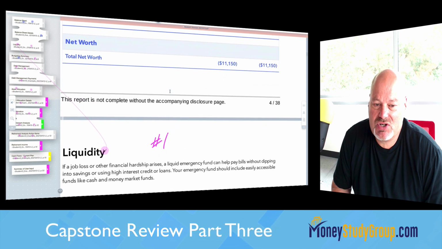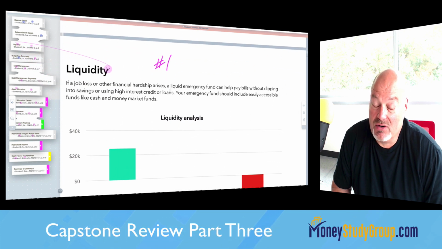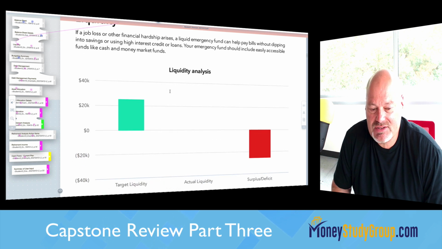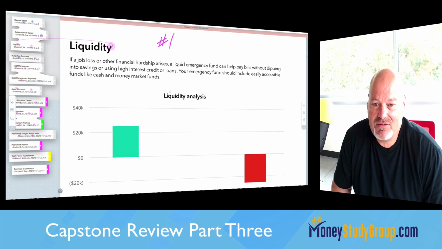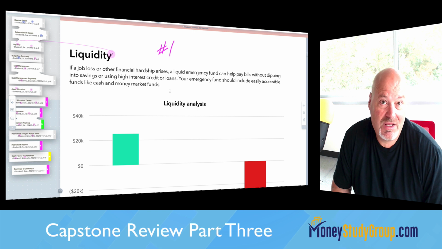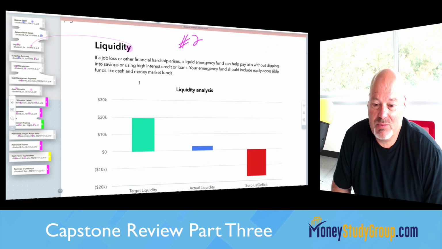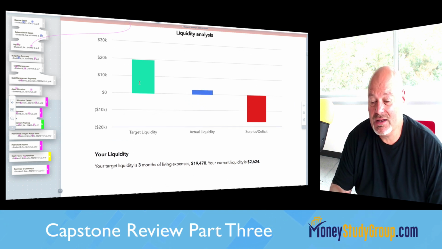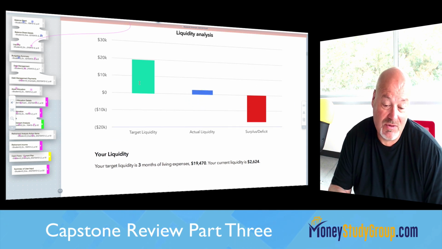So now let's just jump into net worth, or liquidity rather. Liquidity is just a quick, easy analysis to see, do you have enough liquidity? Student number 1 obviously is not. Student number 2 has their target liquidity at 3 months of living expenses.